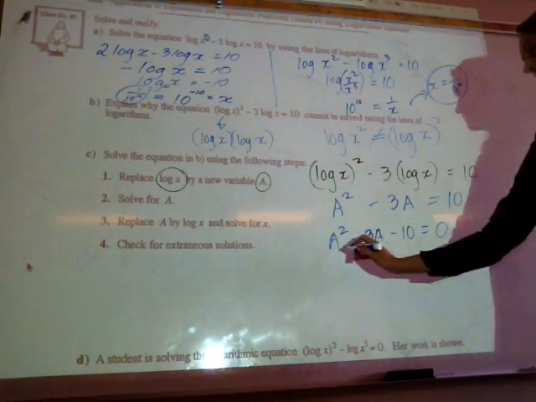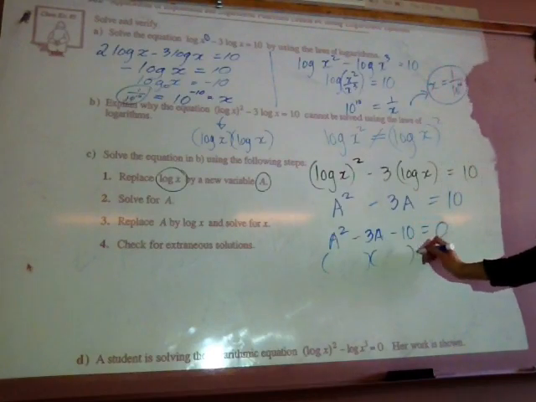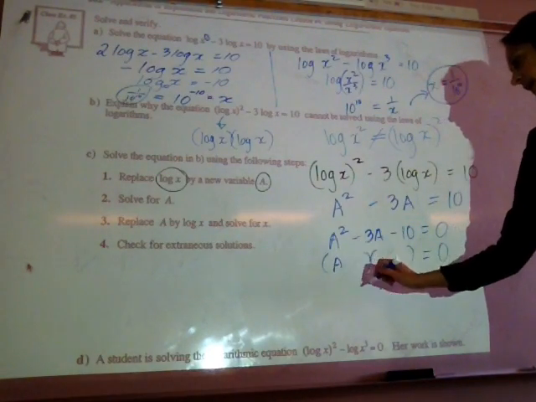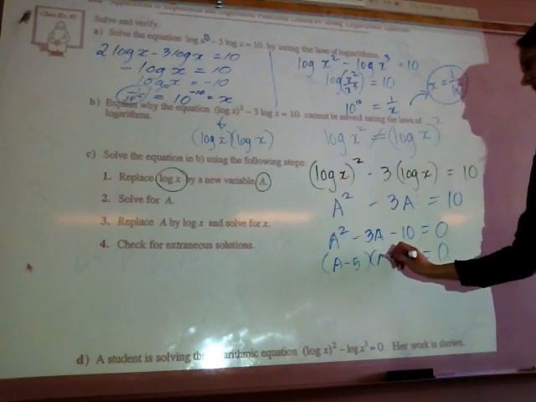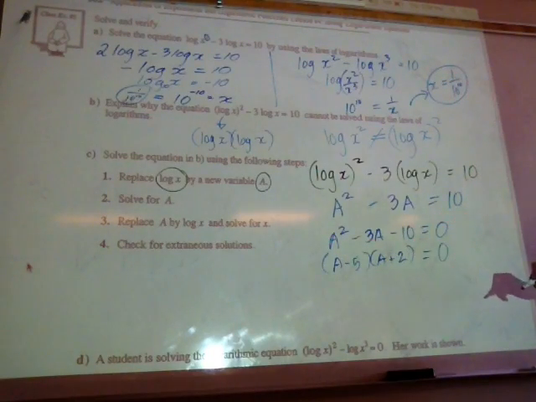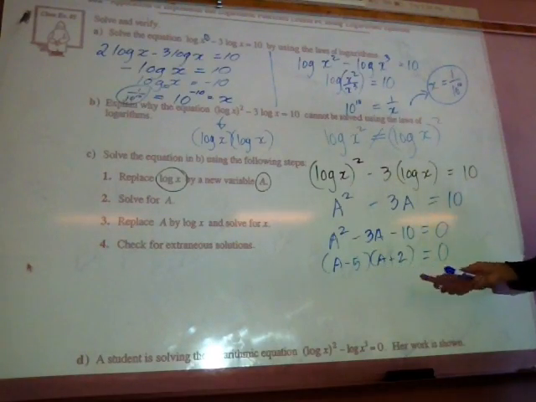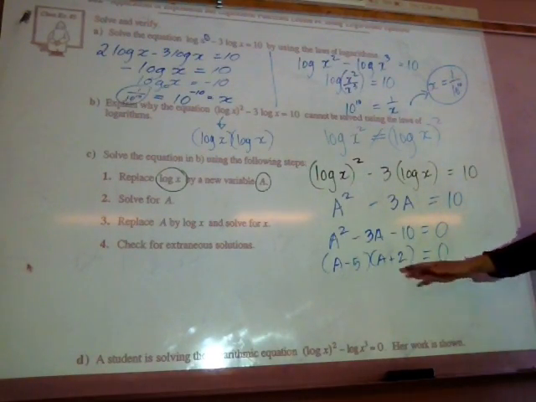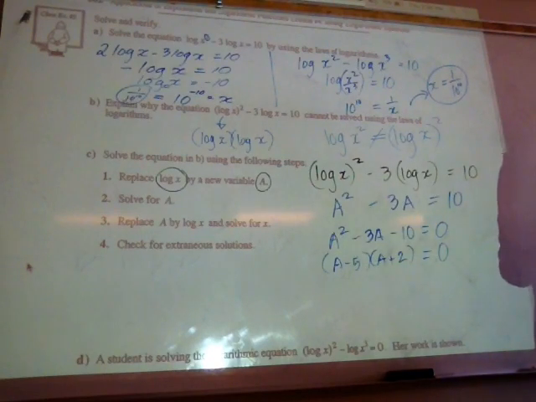As usual, we need two numbers that multiply to negative 10 and add to negative 3. We get a minus 5, a plus 2. Now, do we have anyone out there whose first instinct is to say that your answer is positive 5 and negative 2? Some of you might, but you have to remember that a is not actually a, it is log x.